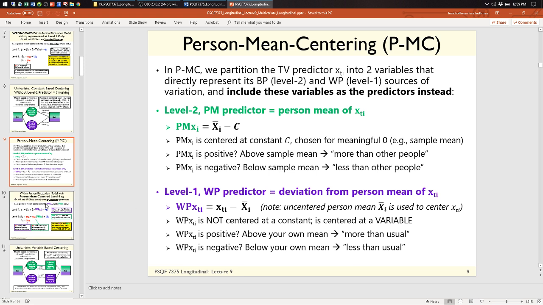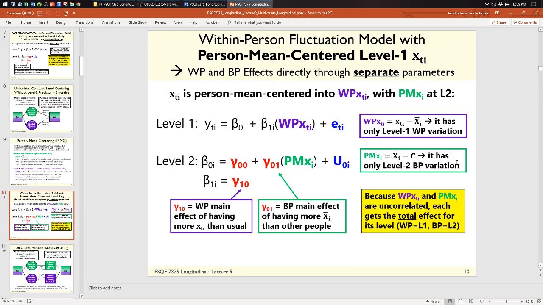So then when we put them both in the model at the same time, this is slide 10, each has its own job to do. Within person X in level 1 has only level 1 within person variation. Therefore, its fixed effect, gamma 10, can only be the effect of having more X than usual at that occasion, the within person effect.